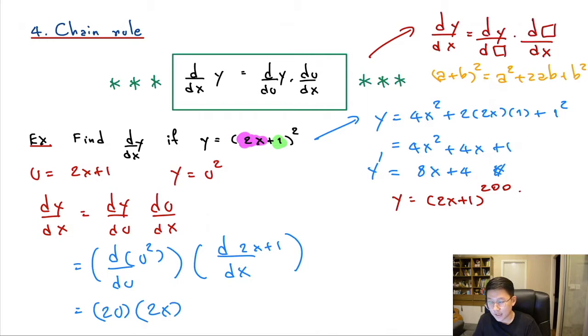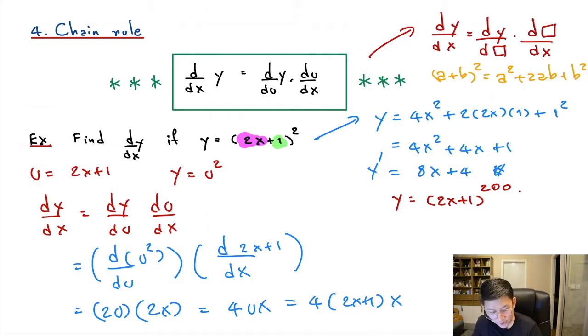So the answer would be 4ux, which is 4 times u, which is 2x plus 1 times x. Isn't it?